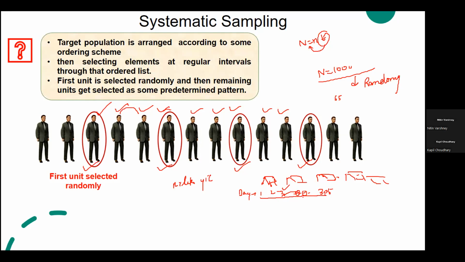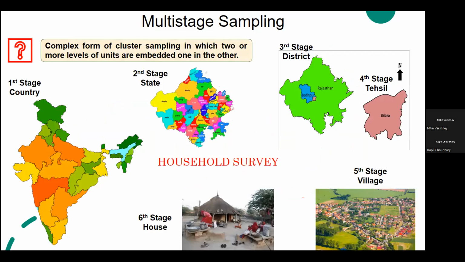Okay, next one is multi-stage sampling, and this is a very important sampling. The Government of India conducts different kinds of surveys, like the National Sample Survey Office (NSSO) surveys, in which, for example, household surveys, income surveys, and crop yield forecasting surveys are there.